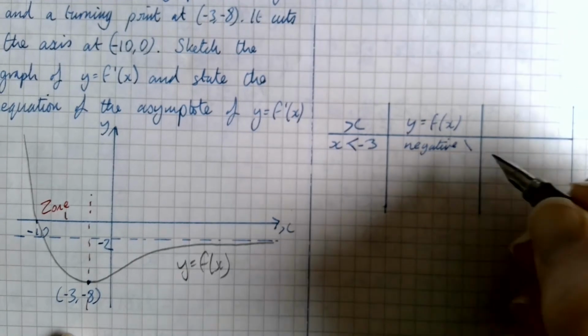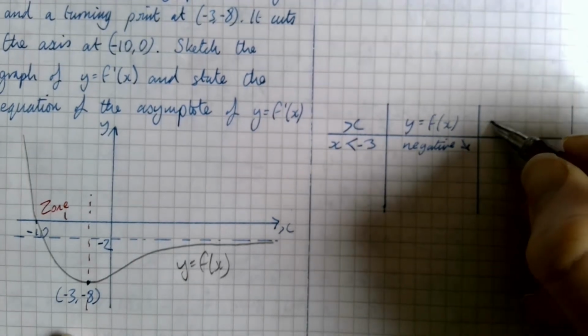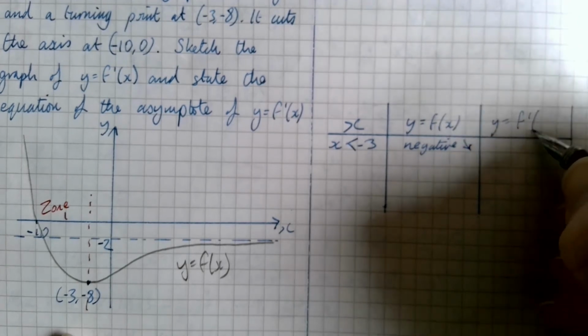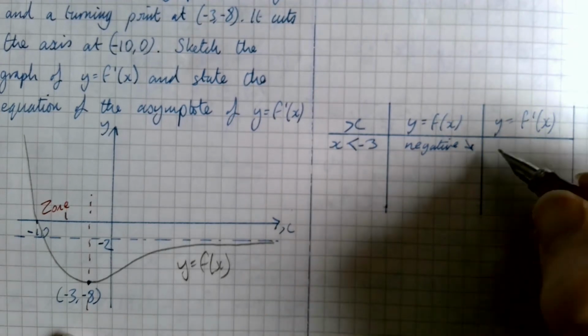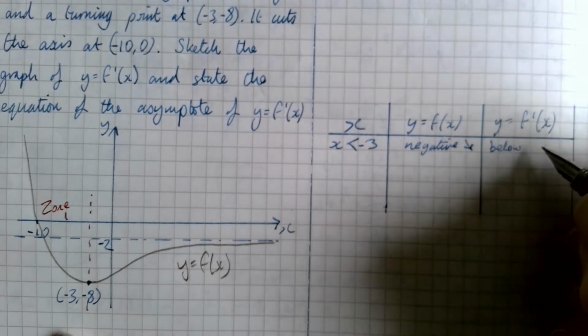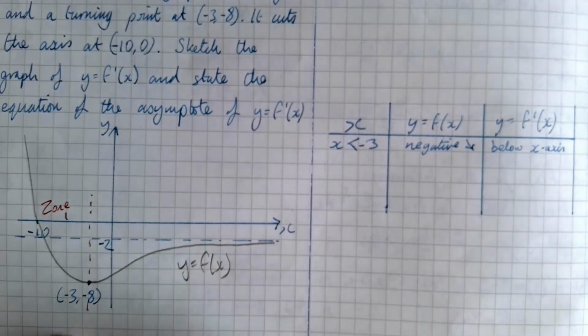So we're thinking we're going down like that. And what that means for our sketch of the gradient function is that it's going to be below the x-axis because it's negative.